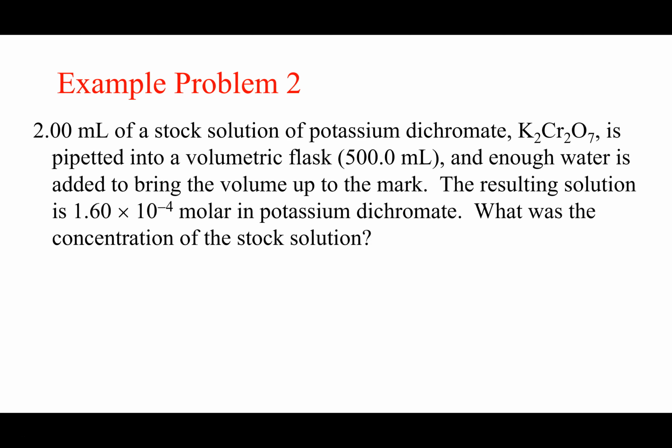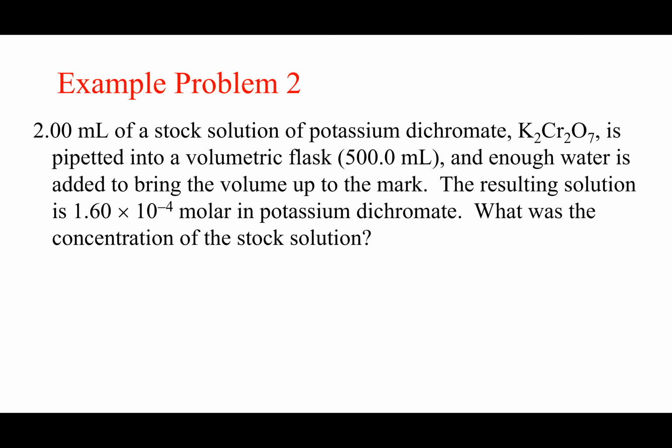So here, transferring, I'm going to put 2.00 milliliters of an aliquot is transferred. Over here, the volume I'm going to dilute it up to is a 500 milliliter volumetric flask. All right, so this is a little different.